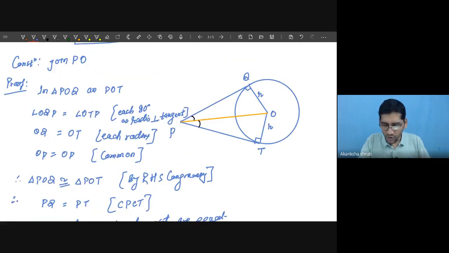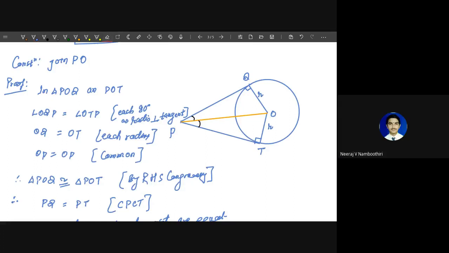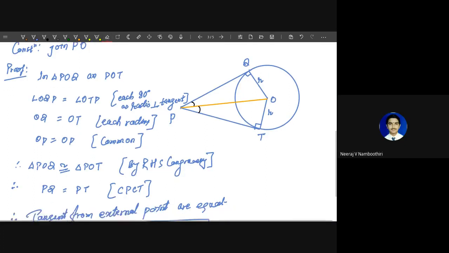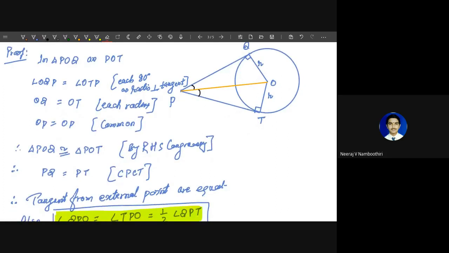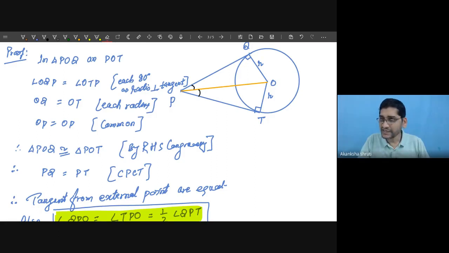Now coming to a few more things, let us analyze this. Sir, while doing the question, should we prove every time that this angle bisects, or can we directly use it? You can use it directly, provided you have to use it for a similarity condition or writing the ratios.